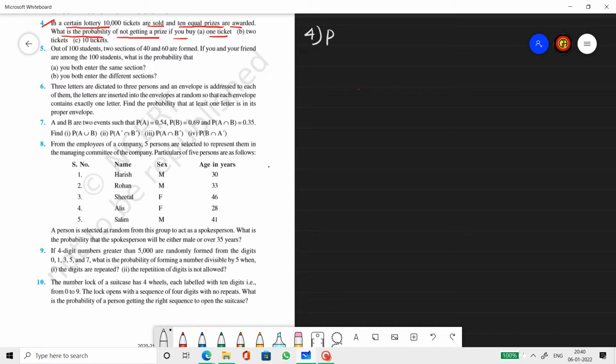So probability of getting a prize is buying one ticket out of the 10. So the probability of buying one ticket and that gets a prize is 10 C1 divided by 10,000 C1, which is nothing but 10 by 10,000. The 1 and 0 get cancelled, 1 by 1000.